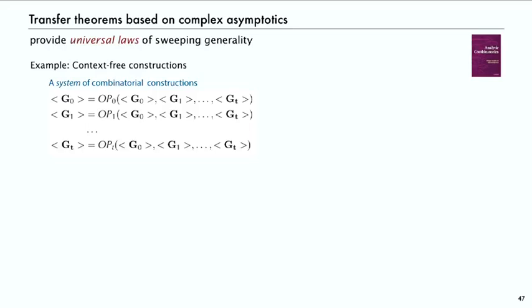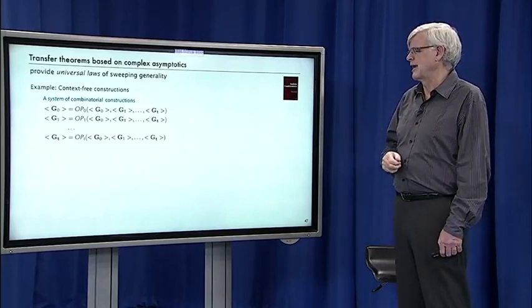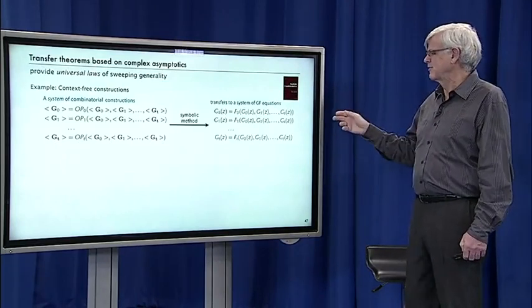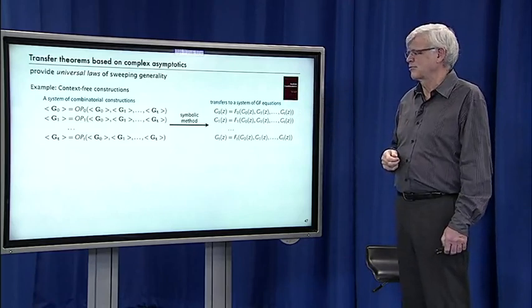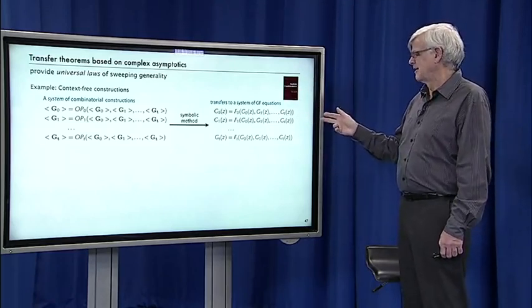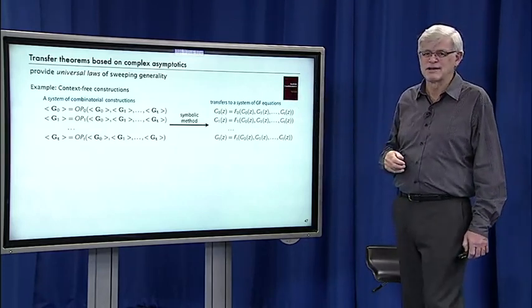A very simple special case is the binary tree one, where you get t on one side and z times t on the other side. You could have a much more complicated thing, a cycle of binary trees of sets of, well, not those, but linear combinations of combinatorial classes, a whole system of combinatorial constructions. Those immediately transfer to a system of generating function equations with the symbolic method. Well, that's good, but those generating function equations might be quite complicated and difficult to solve.